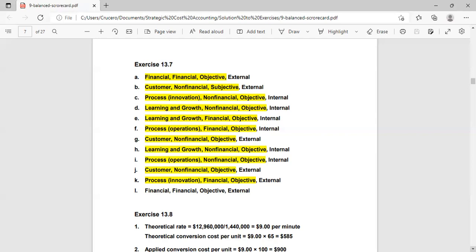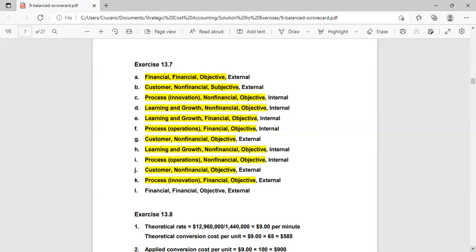Now for the next one, 9-8, cycle time and conversion cost per unit.